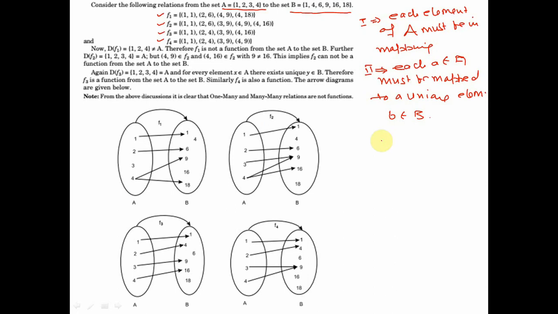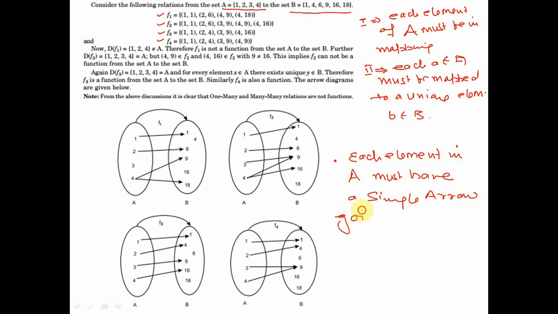So when translated to arrow diagrams, what it means is, number 1, each element in A must have a single arrow going out of it.